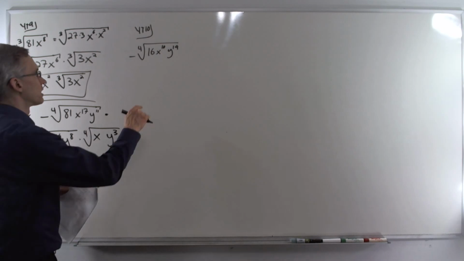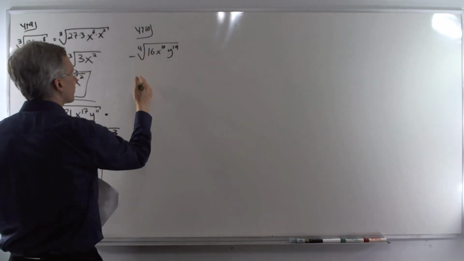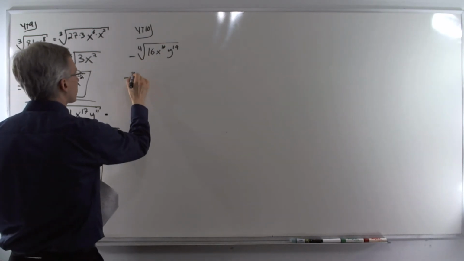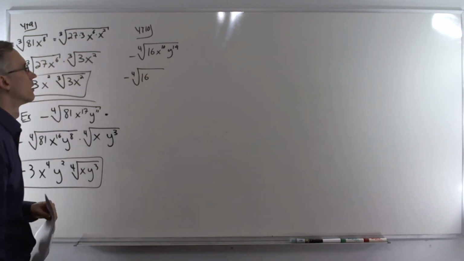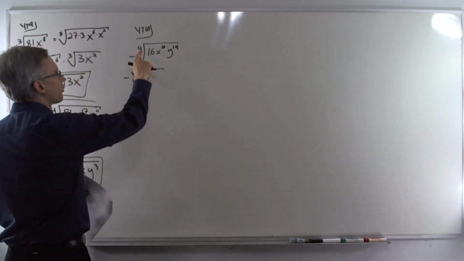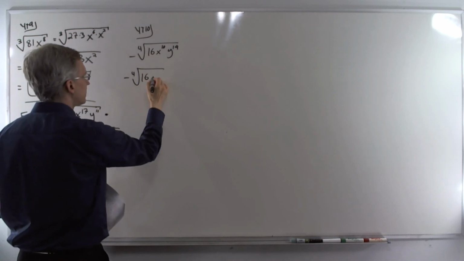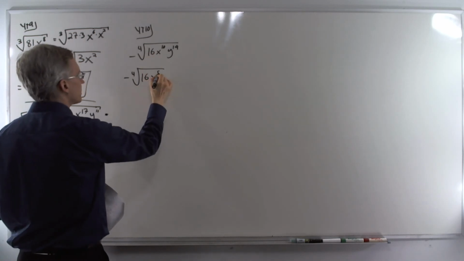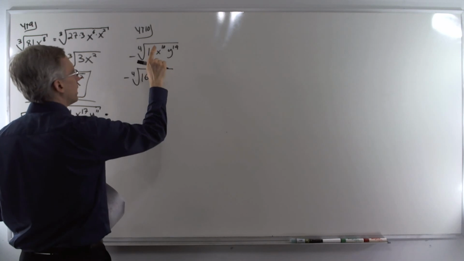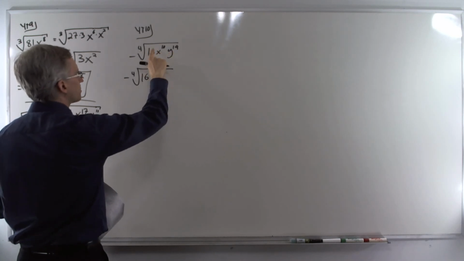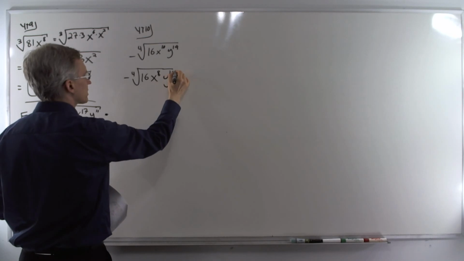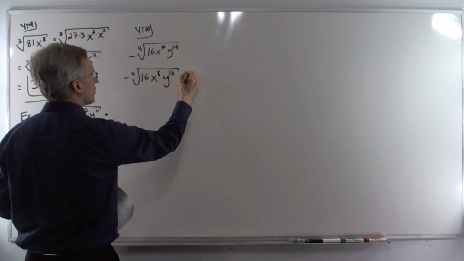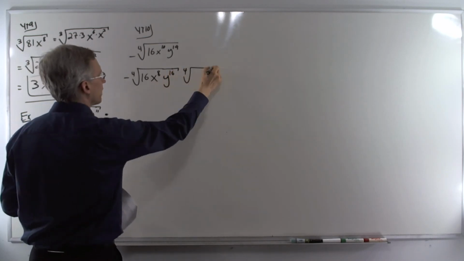Now 16 is already a perfect quad, so that is going to go directly into the first radical. Now we need greatest multiple of 4 that's less than or equal to 10, that is 8. So I'll have x to the 8th over here. And now we need greatest multiple of 4 less than or equal to 19, that is 16, so y to the 16th power. And then over here, we got the 4th root of the leftovers.